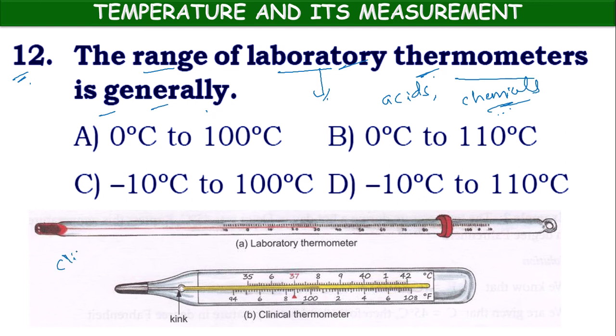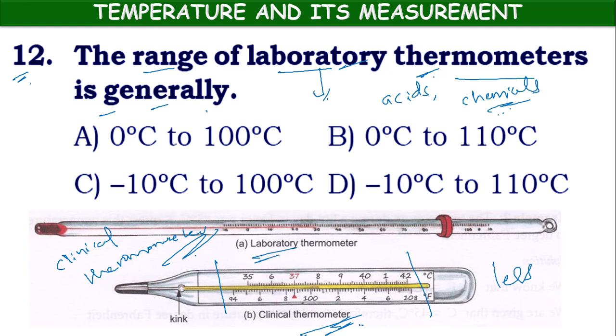For measuring human body temperature, we use a clinical thermometer. If we have a fever and go to the doctor, they will make use of a clinical thermometer with less range. The range of a clinical thermometer will be less because they measure only human body temperature.